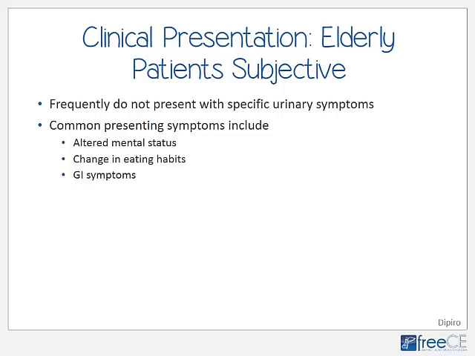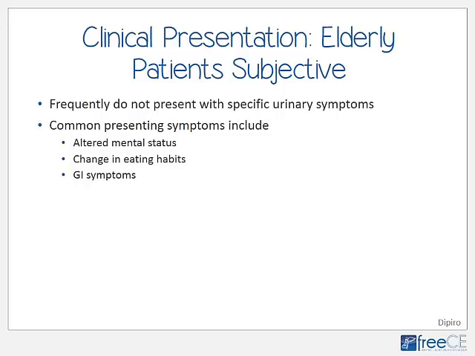Before we talk about our objective findings, I want to spend just a couple of minutes talking about the clinical presentation from a subjective perspective in elderly patients. Elderly patients, as well as patients who are catheterized, do not typically present with specific urinary symptoms. These patients commonly present with altered mental status, change in eating habits, as well as GI symptoms.